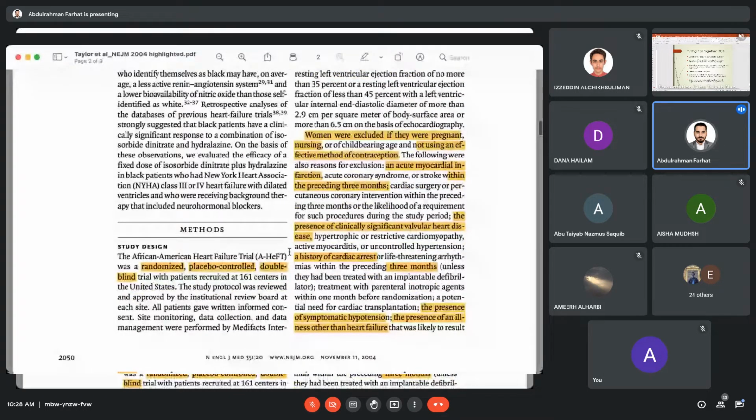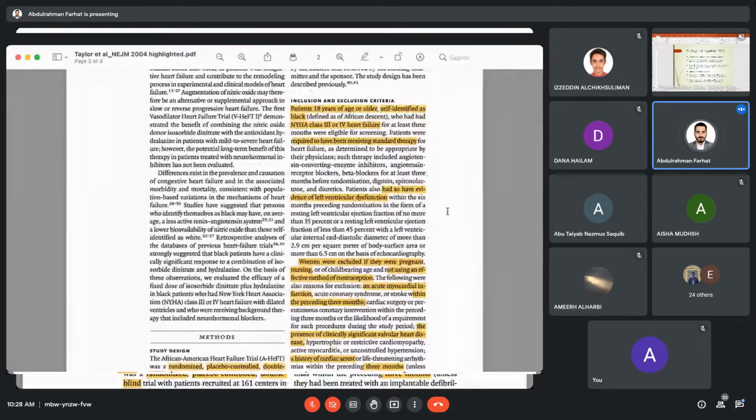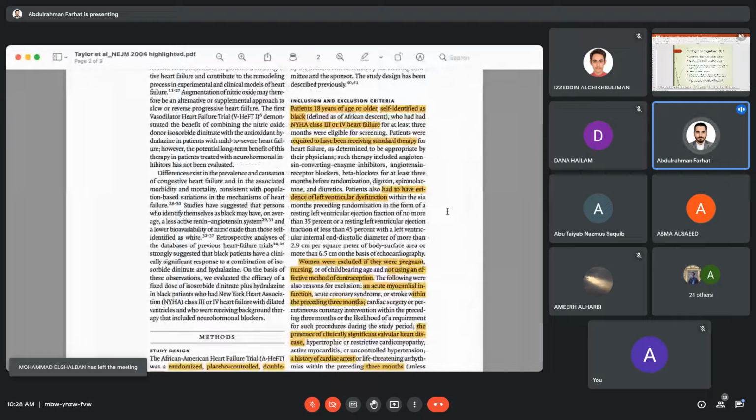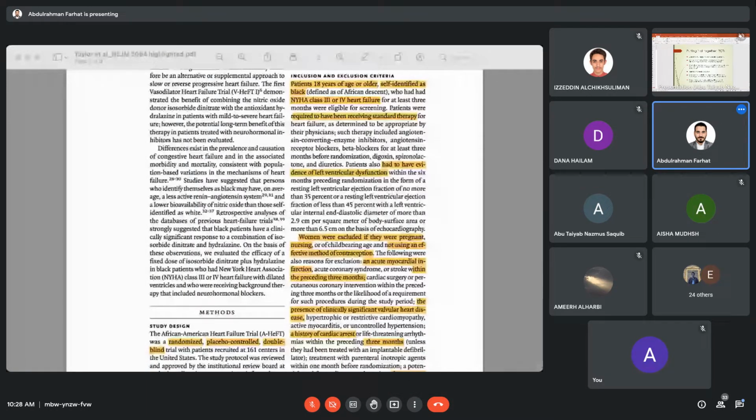It's in the method. So just read these 3 lines. And then if you can read the inclusion and exclusion criteria, just very quick. Because this is an interactive session, so if you have something to say at any point, please just raise your hand and we can discuss things, okay?